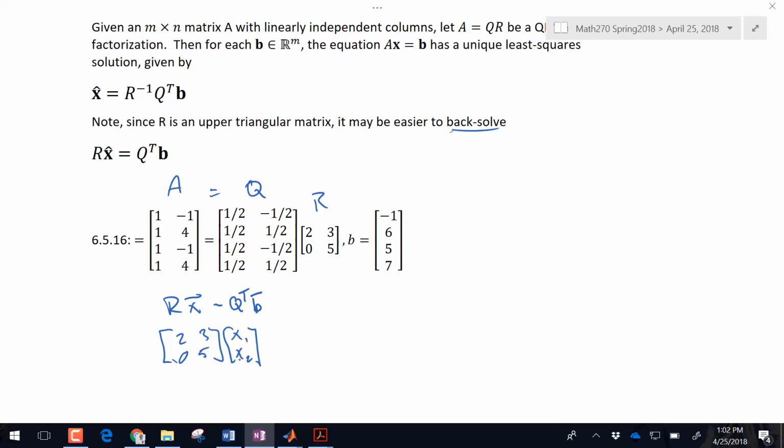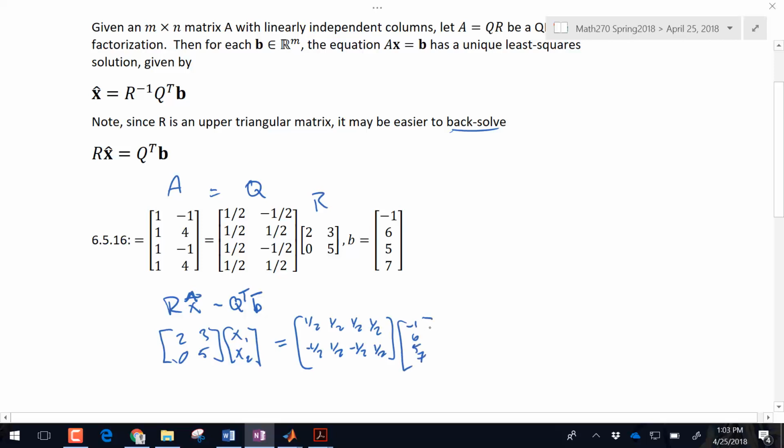R x hat, I guess. All right, so the Q transpose is going to be 1/2, 1/2, 1/2, 1/2, negative 1/2, 1/2, negative 1/2, 1/2, times negative 1, 6, 5, 7.